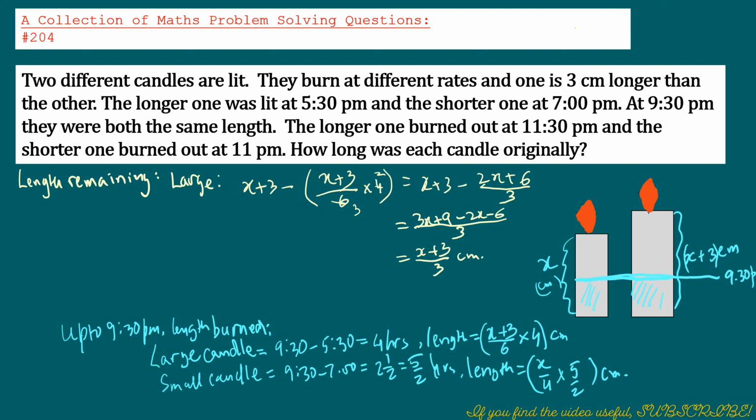And the small candle would be x minus x out of 4 times 5 out of 2, that would give you x minus 5x out of 8, and that will give you 3x out of 8 centimeters.